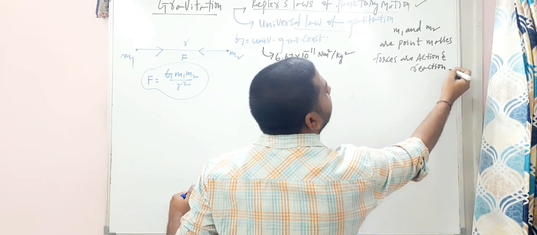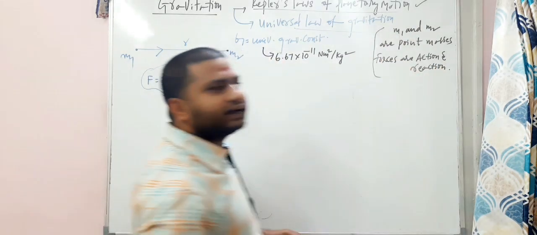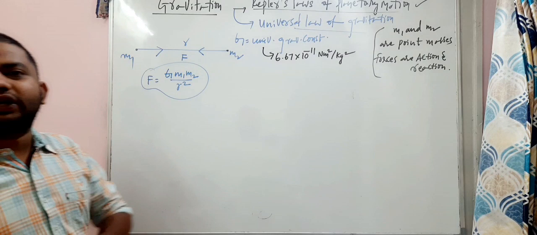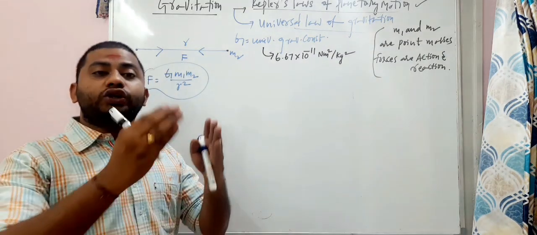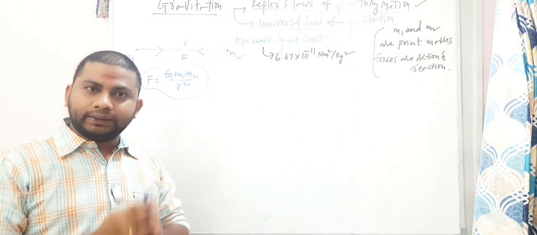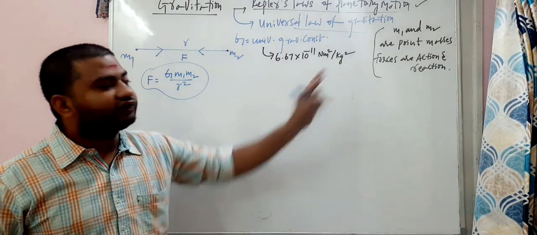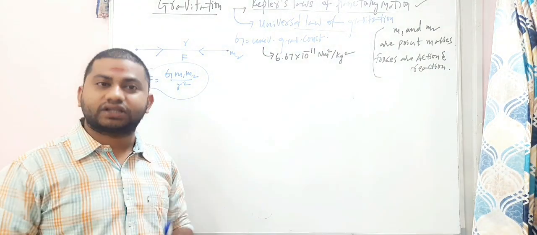So these are the two points you must understand. Both masses must be considered as point masses, then only the universal law of gravitation is valid. And the second one is that both the forces are action and reaction.